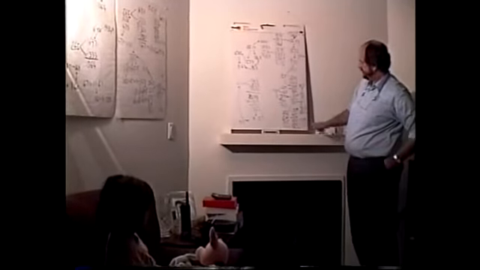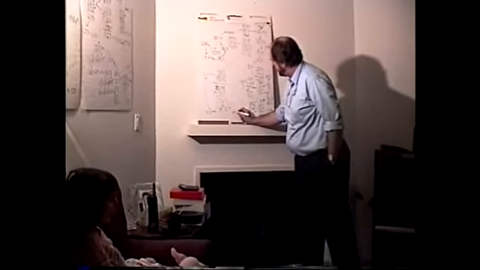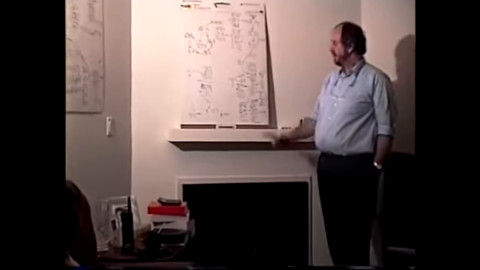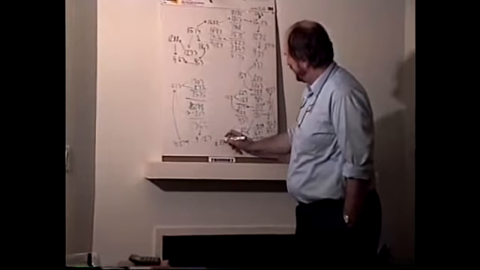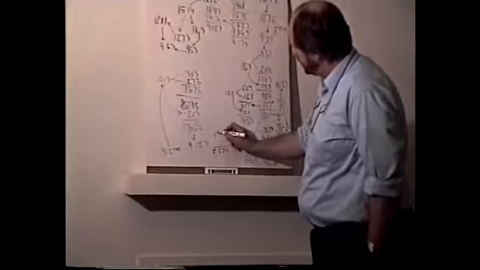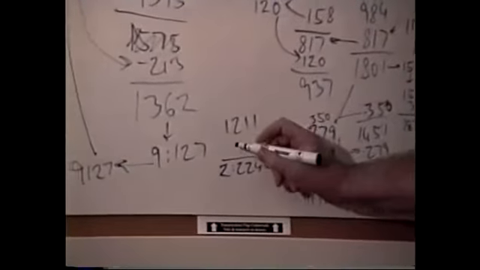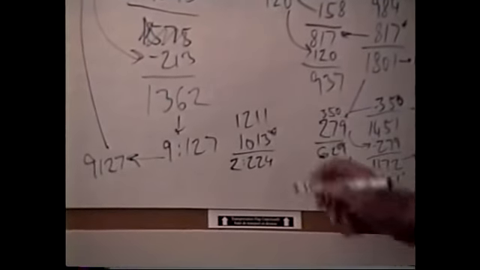Now, the 231st numbered ayah in the Quran is this one, 2224. When I see this as a number, 2224 is the sum of 1211 plus its rank 1013.